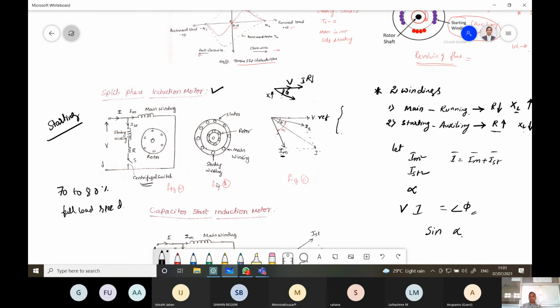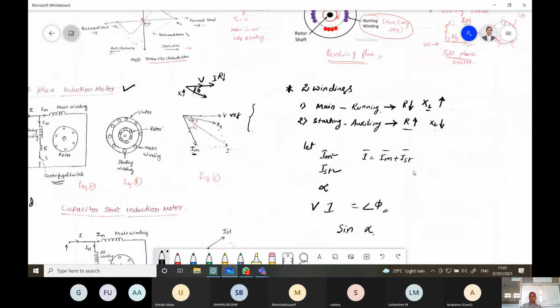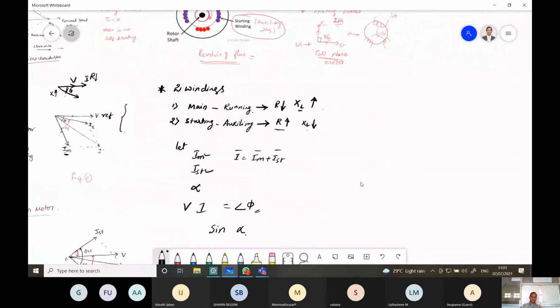Some of the applications of the split phase motor: it has a low starting current and moderate starting torque.